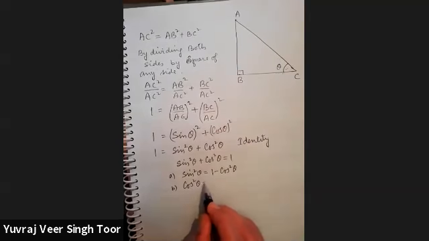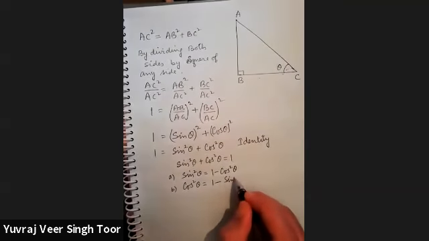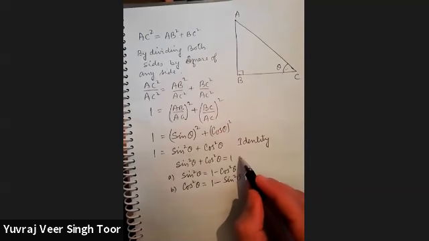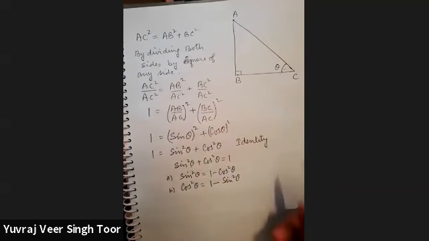Similarly, cos square theta can be written as 1 minus sine square theta. So if you remember the first identity properly and you know how to transform from there, you have learned 3 identities. So this is the first identity which you have to remember. This was the first case.